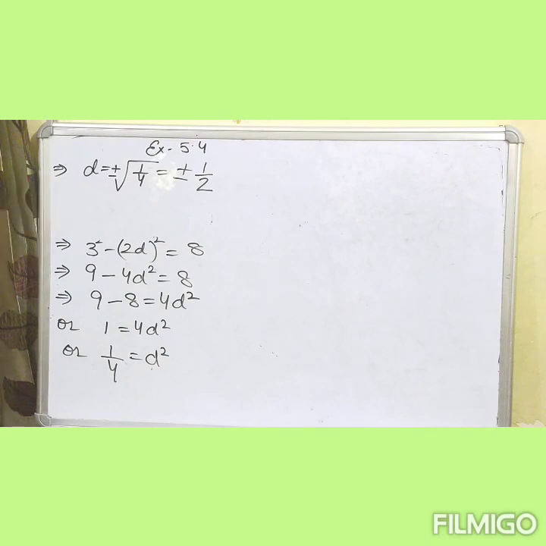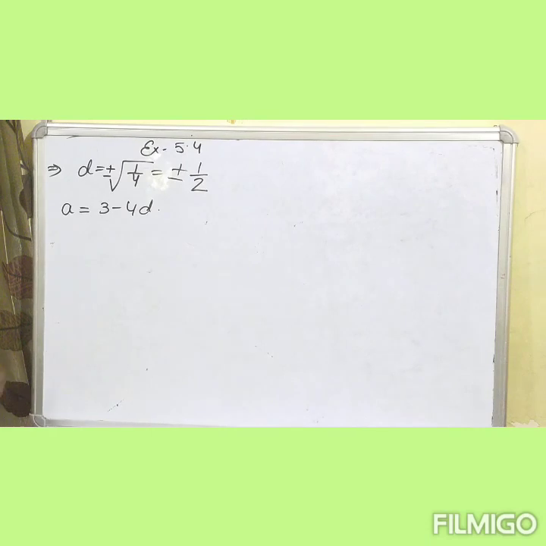What we have to do now? We have to find out the value of A. As the value of A was 3 minus 4D, we'll make two cases from here, because our two values for D are 1 by 2 and minus 1 by 2.